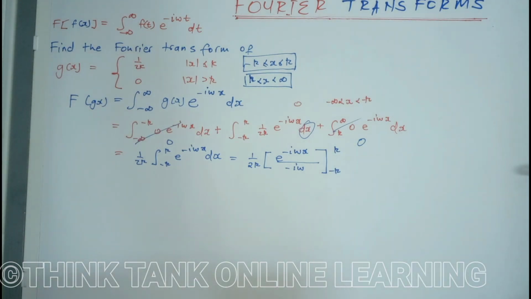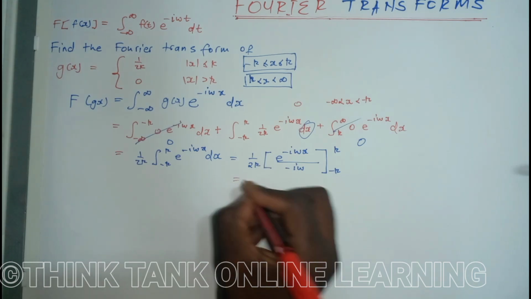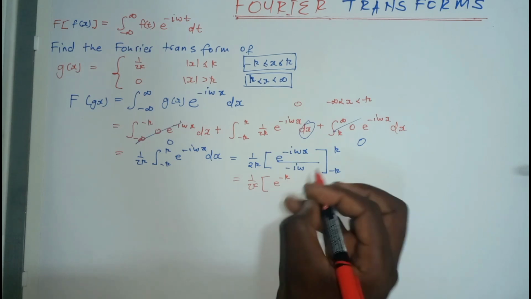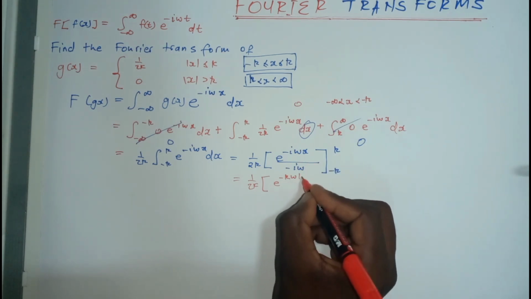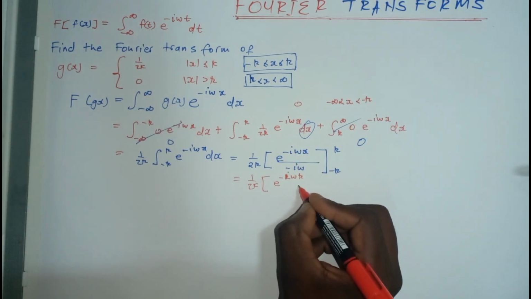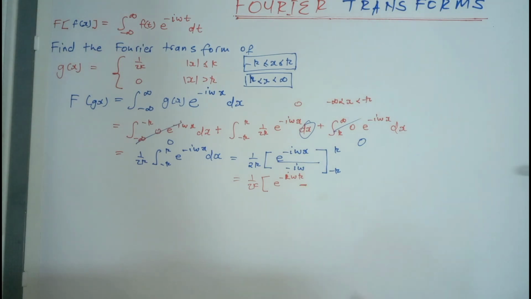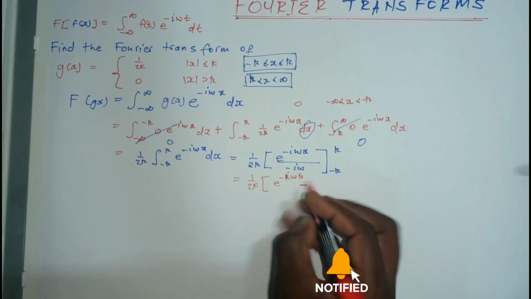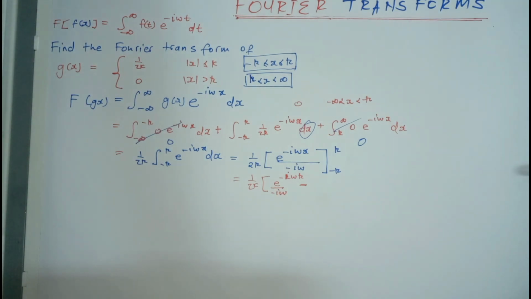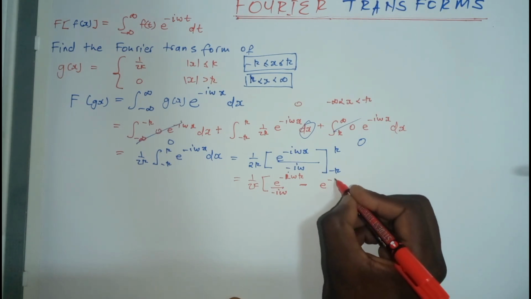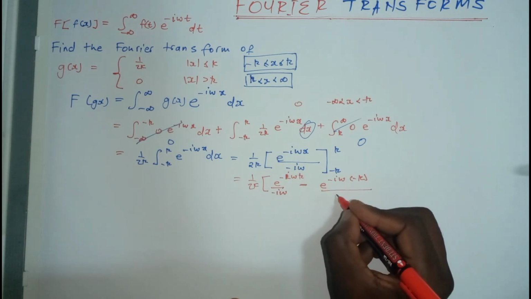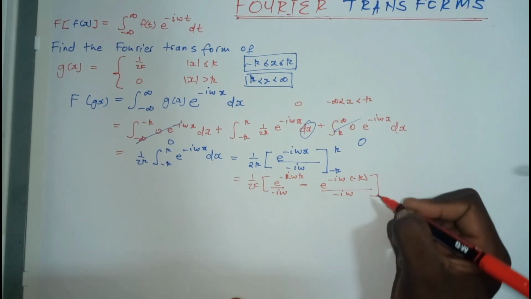Okay, like always, upper bound minus lower bound. Let's do that. 1 over 2k, and we're going to have e to the power negative i omega k, divided by negative i omega. Now I'm going to say minus the lower bound, which is e to the power negative i omega times negative k, divided by negative i omega, close brackets.